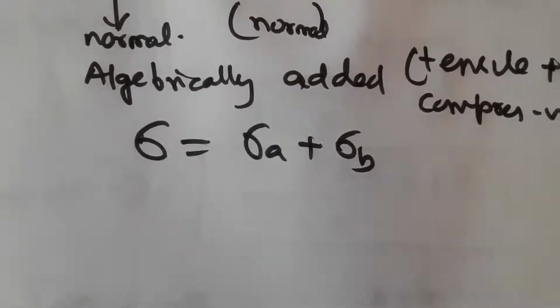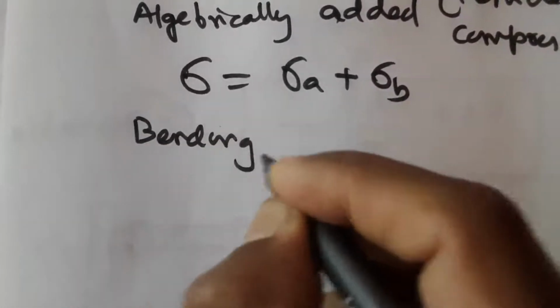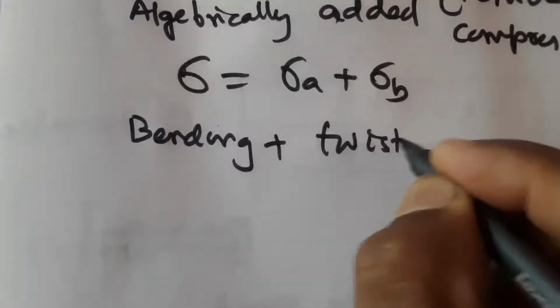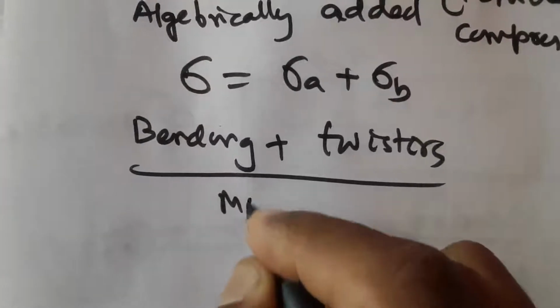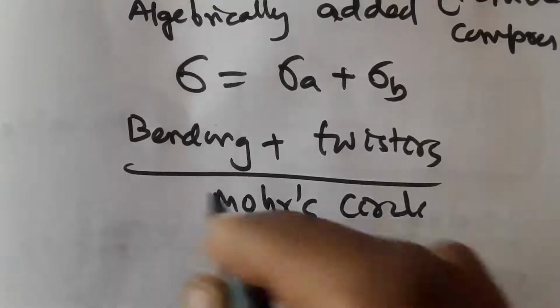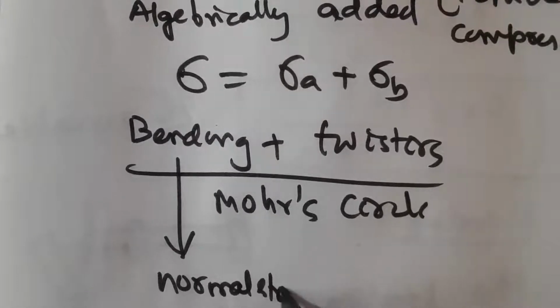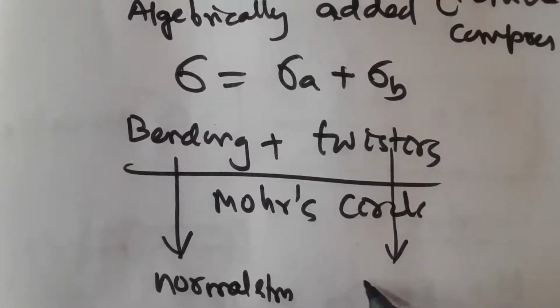But when it is subjected to bending plus twisting, then we have to use the Mohr circle. Because bending is going to produce a normal stress and twisting will produce a shear stress.